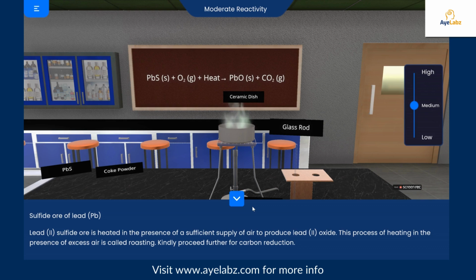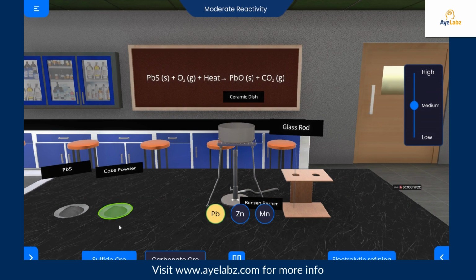Once the roasting process is over, we can proceed with carbon reduction. For that, we are using coke powder. I am mixing coke powder with lead oxide by using the glass rod.